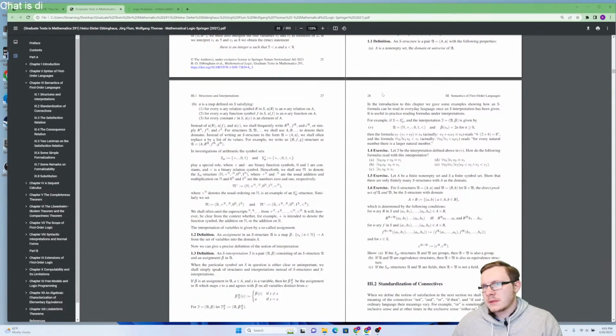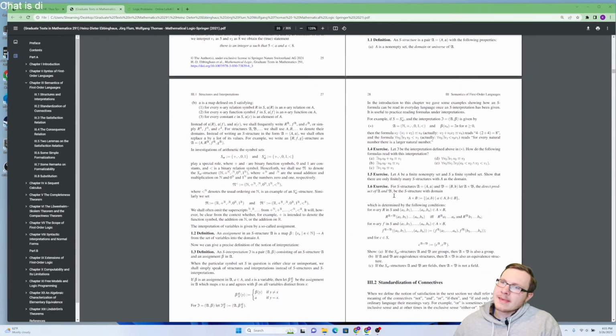Variables are mapped to A based on an assignment, but an interpretation is just a pair of both a structure and an assignment. It's the pair of a structure and an assignment.